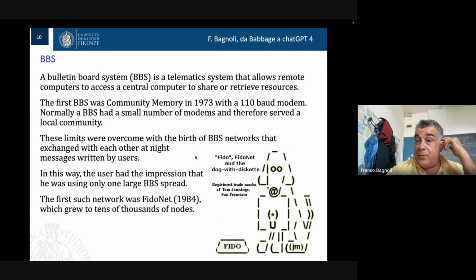So the way of communicating was through the BBS, the bulletin board system, which were contacted essentially using modems and telephone lines, and that used to offer a more or less sophisticated interface, generally textual, but sometimes with some approximation of a visual interface.